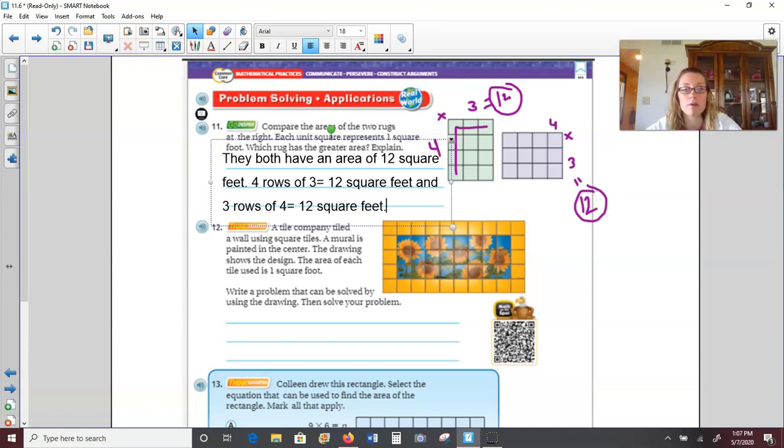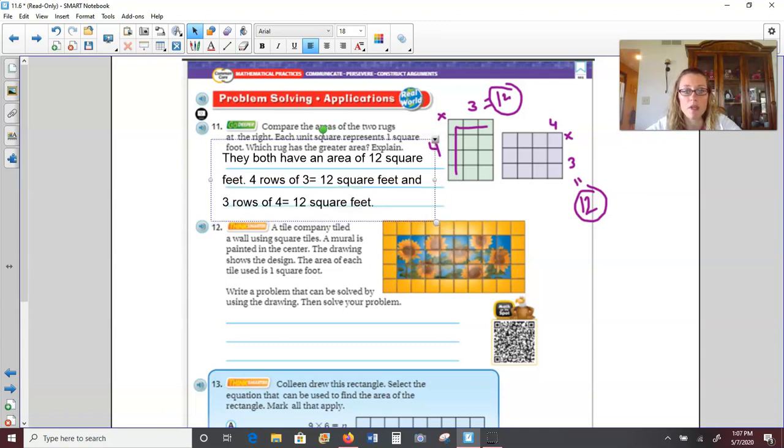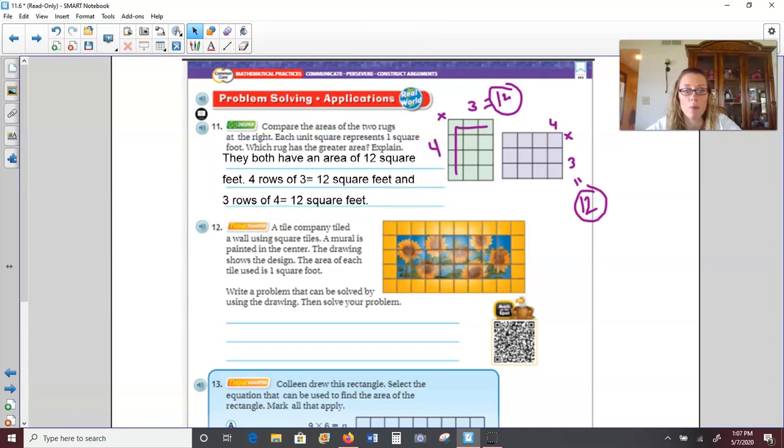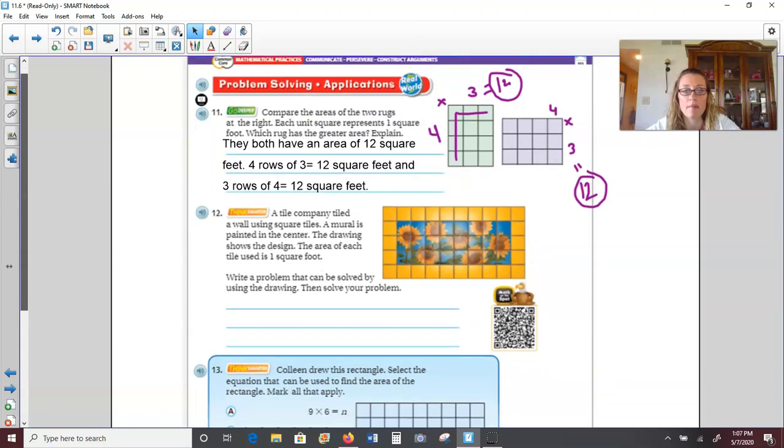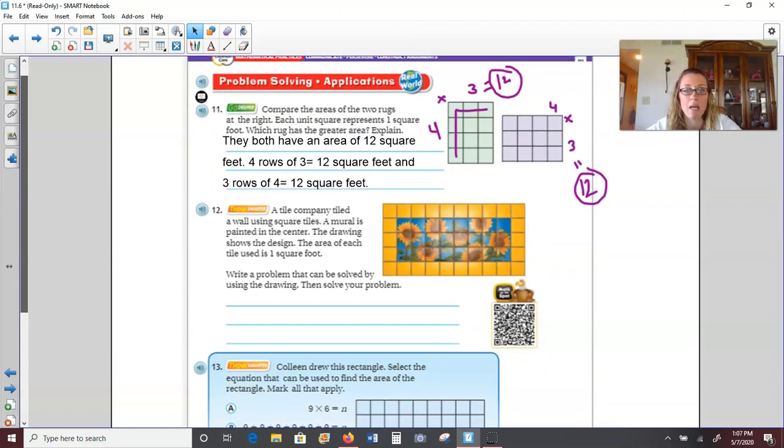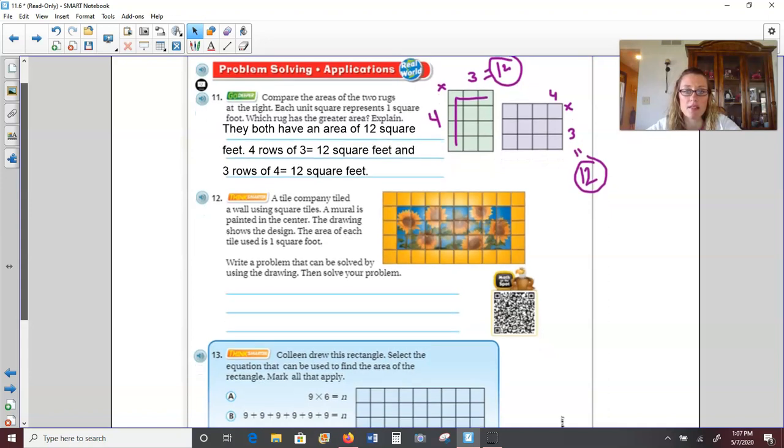So we were using the same numbers when multiplying the area, and that's how they both ended up with the same area. Okay, pause the video if you need a moment to write that down.